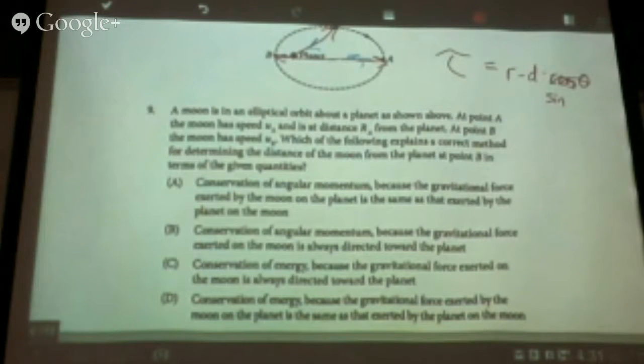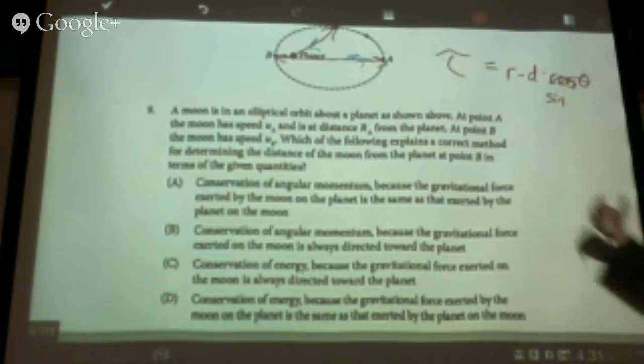The angle that we're talking about is the angle between the displacement vector, the r vector, and the force vector. Those are in opposite directions. The displacement vector points from the planet to the moon. The force vector points from the moon back to the planet. They're opposite directions, so our angle there is 180 degrees.